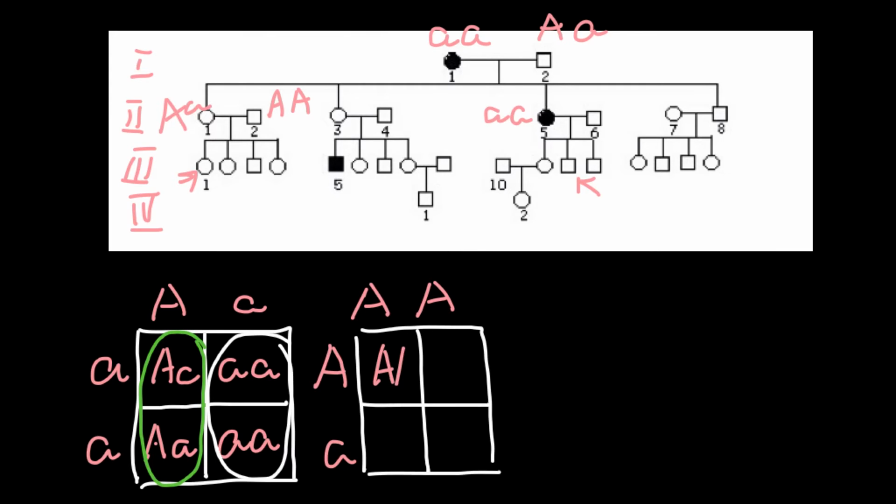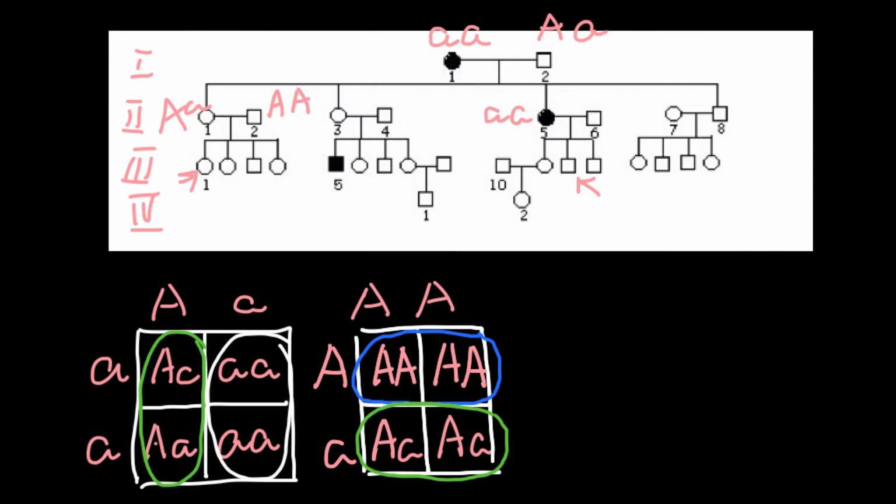So capital A here, capital A here, capital A small a here, and capital A small a here. As you see, 50% of the progeny would be homozygous dominant, with a normal phenotype. The other 50% also would have a normal phenotype, but would be carriers.